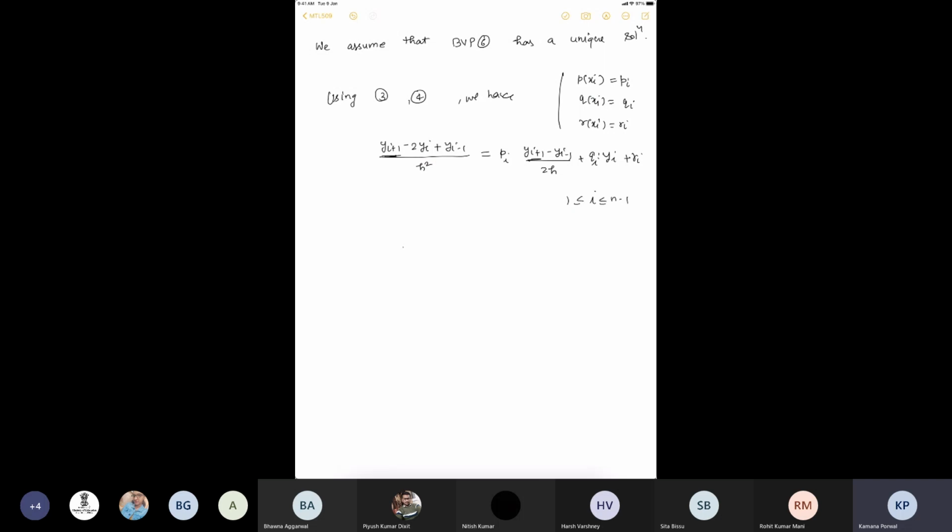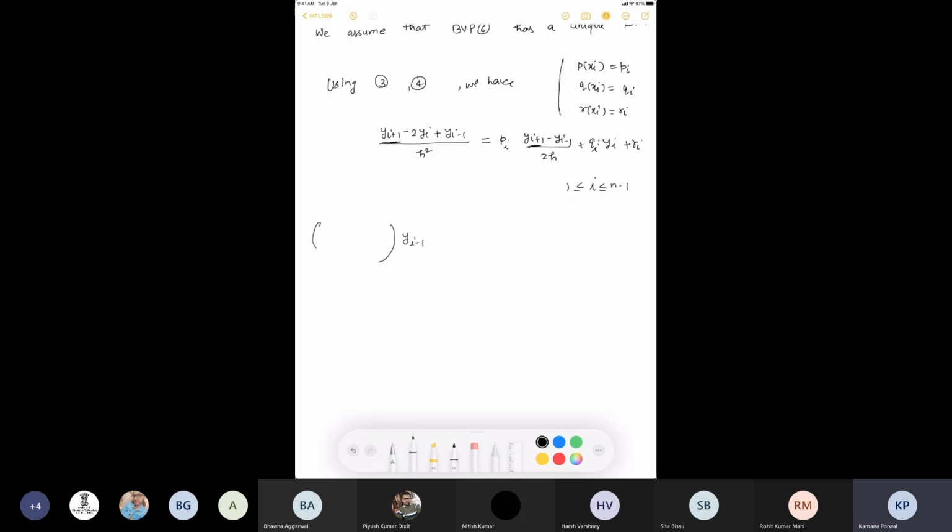So let's write down the coefficient of y(i-1) first. Let me take out the factor h square as well. So I will get this as 1 plus h by 2 into pi.